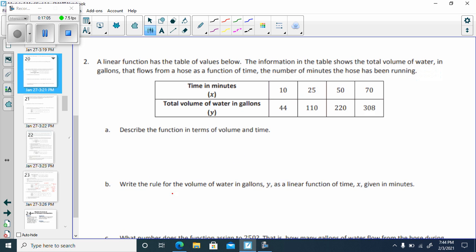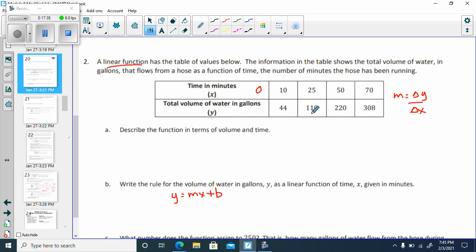We know that this is y is equal to mx plus b. We're talking about linear equations right now. It says linear. Okay, our b, we don't know what we're starting with in there. We're not sure what 0 is. So let's check to see. Let's find our m first. Our m is equal to the change in y over change in x.